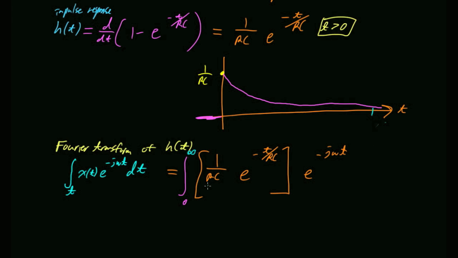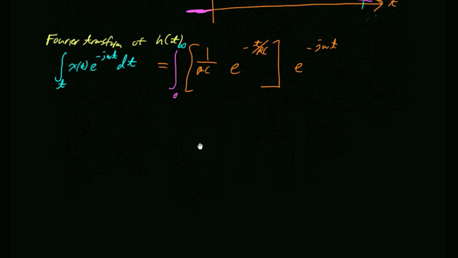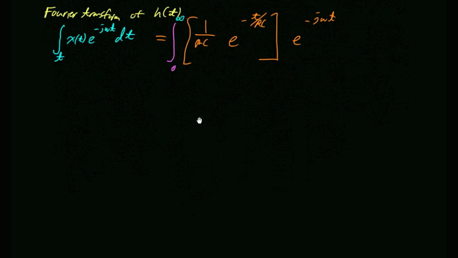Okay. It's time to put our calculus hats on. So somebody help me with this mess? Multiply, the RC can come out. Right. We can take out the RC because that's a constant, and then we can combine the exponents, right? So let's see.